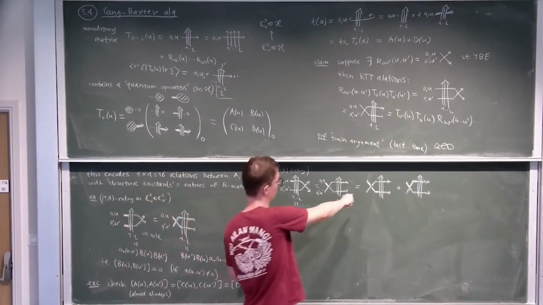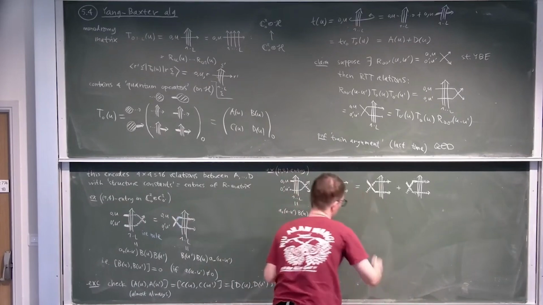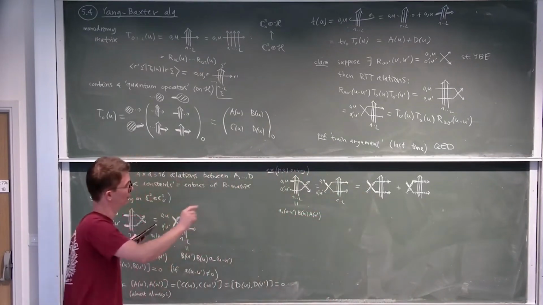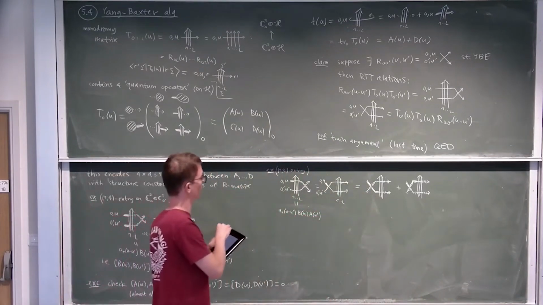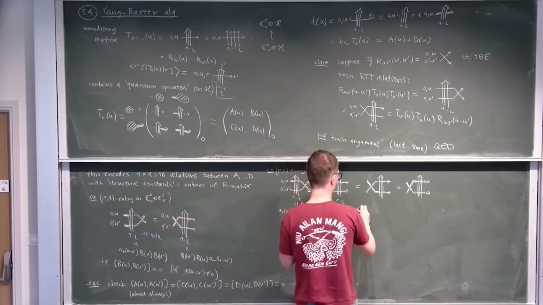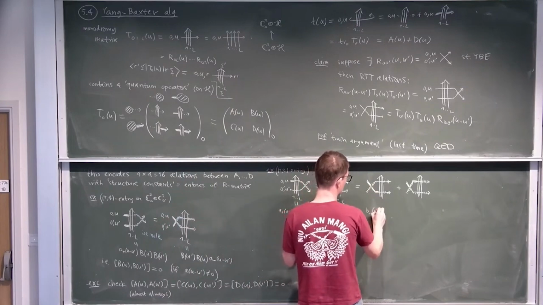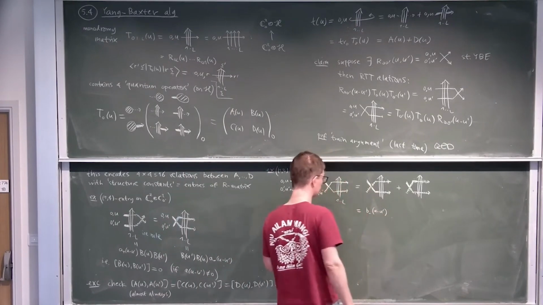These are the only two possibilities which have non-zero vertex weights. So I use my summation convention from the internal lines, and I use that the R matrix obeys the ice rule. So the number of incoming paths has to be equal to the outgoing paths. So what do I have here on the right-hand side? Well, this here is a B vertex. To be precise, it's a B minus of u minus u prime.